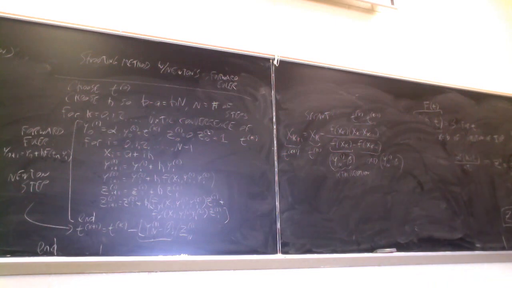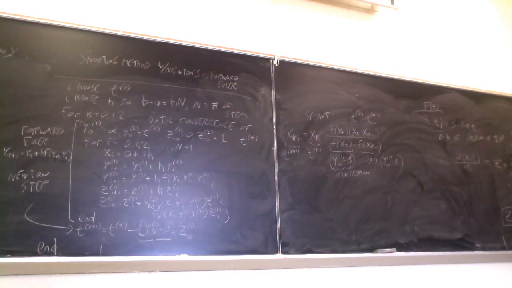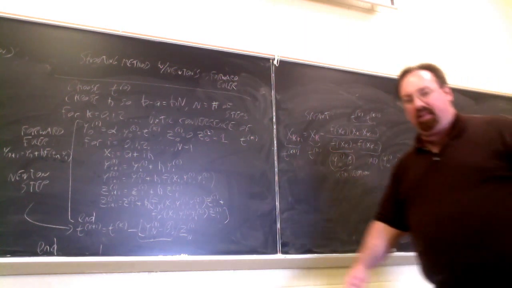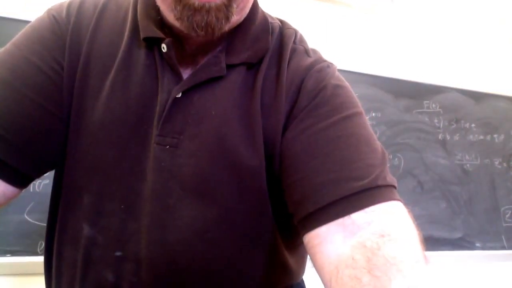You need another variable for that, but you do not need this one. The best part of using secant method is you have no z at all. So you're solving 2 ODEs instead of 4, and you don't have to differentiate f with respect to y or y prime. And actually, I want to show an example of that.